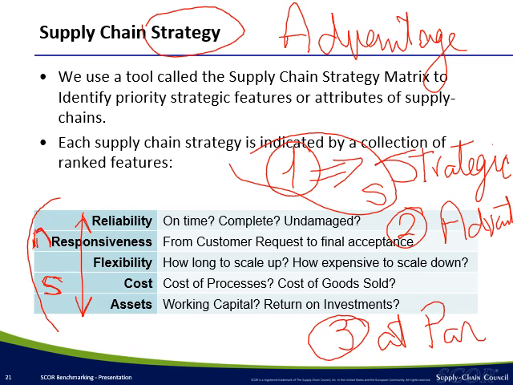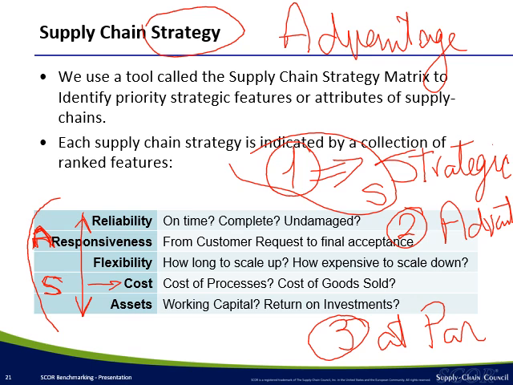Because what you know from other courses, you cannot be super at the cost and super at the responsiveness. You cannot deliver it very fast, at the same time very cheap. So for this company, they want the cost to be number one. They want to be very, very cheap. At the same time, they want to be a little bit fast. They can't be the fastest. That's why it's A.